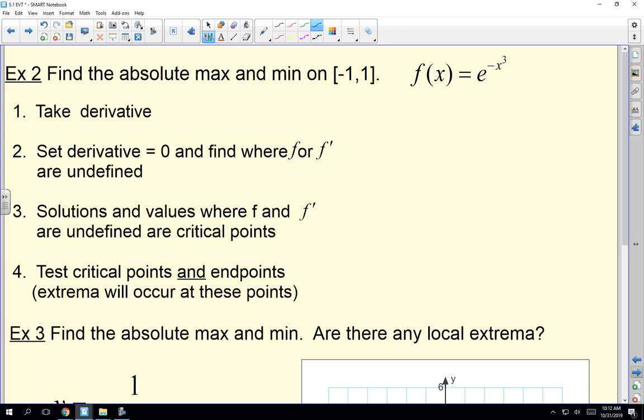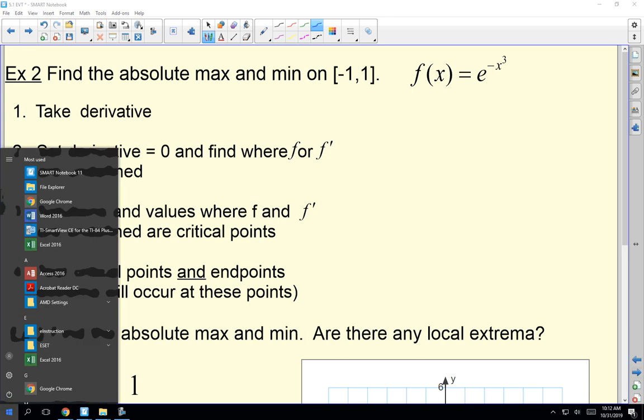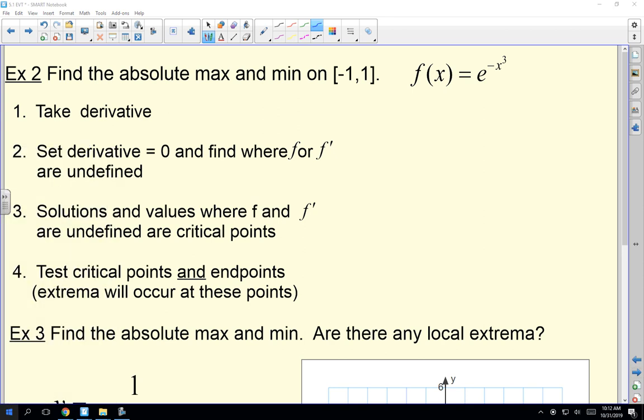I don't know if you guys know if this has any restrictions, or is it a nice continuous function? All right, I'll pull this back up. Let me go ahead and graph this with you. E to the negative x cubed. Here we go.